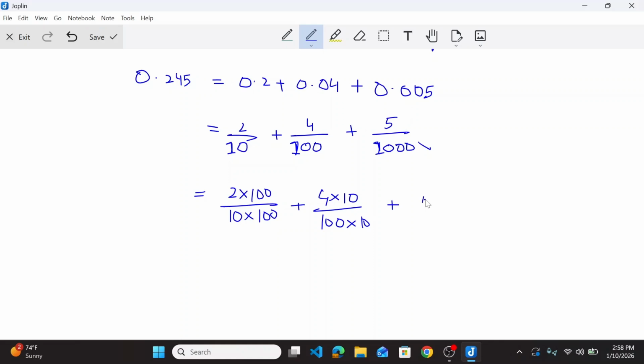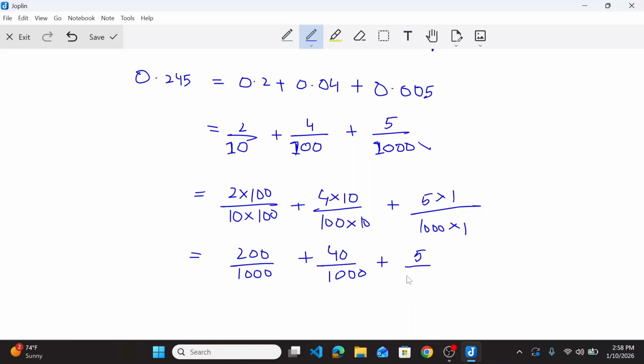Plus 5 over 1000, just multiply with 1, so there should not be anything. So above you will get 200 and in the bottom you will get 1000, and above you will get 40 and in the bottom 1000, and 5 divided by 1000.